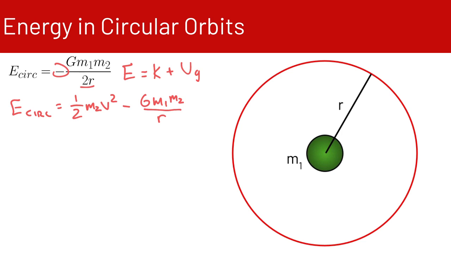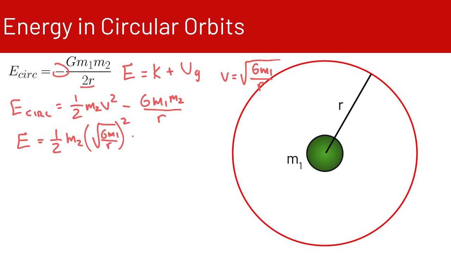In the last slide, we found that v is equal to the square root of G m1 over r. So placing that back in this equation, we have E is equal to 1/2 m2 times the square root of G m1 over r, squared, minus G m1 m2 over r.